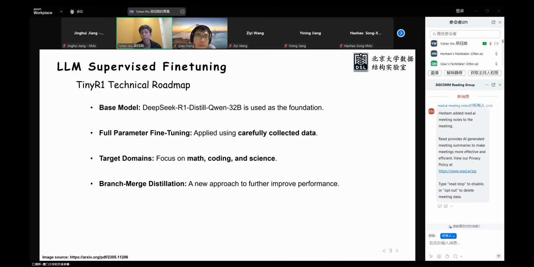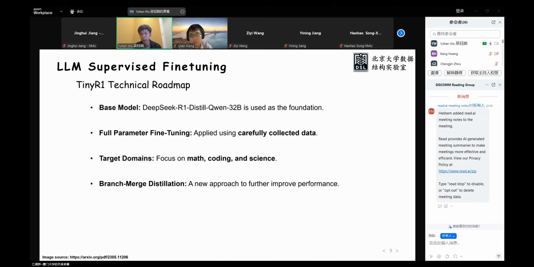For TinyR1, we use DeepSeek R1 distillation 32 billion as the base model, and apply full parameter fine-tuning using carefully collected open source data.